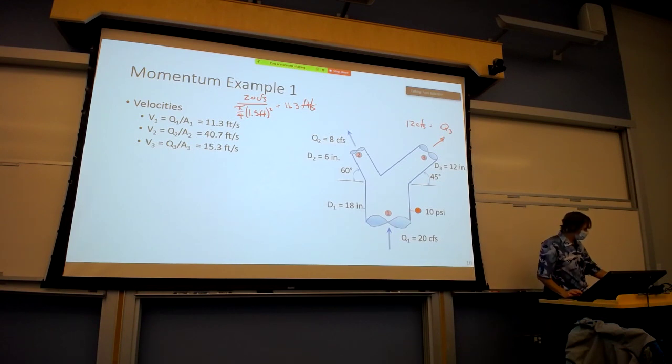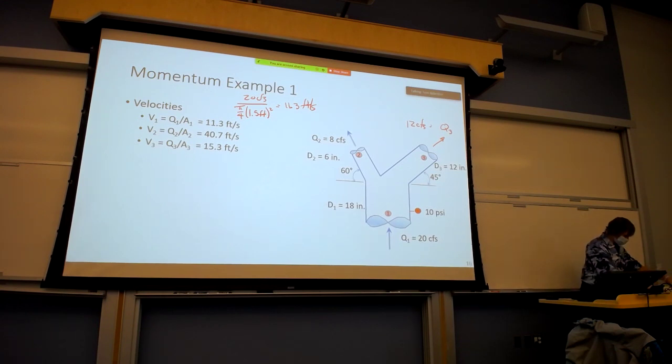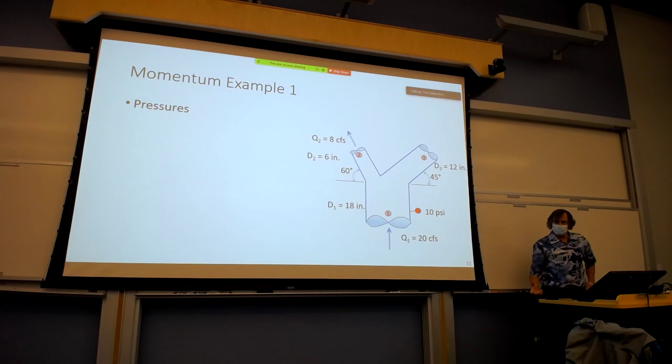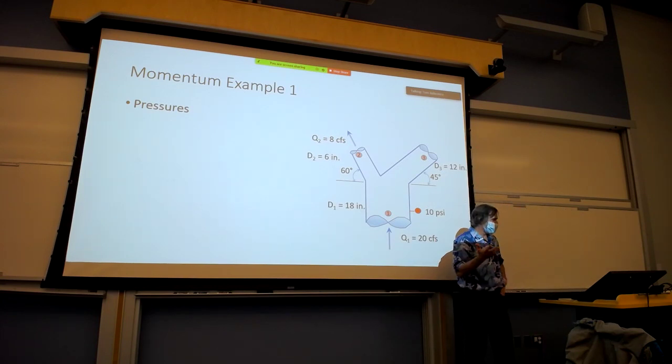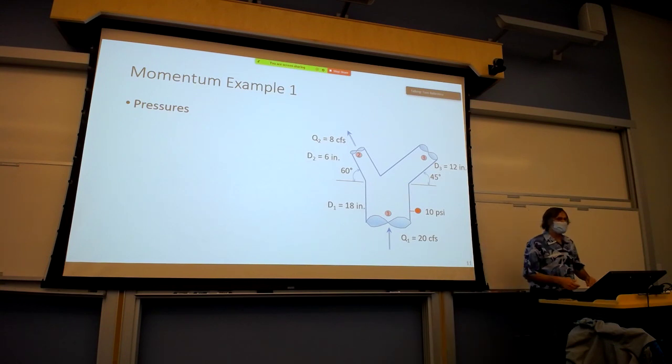Okay, so there are our velocities. Now, interestingly, the question just came up about the pressures. So, how are we going to solve for the pressures? This is a horizontal pipe.